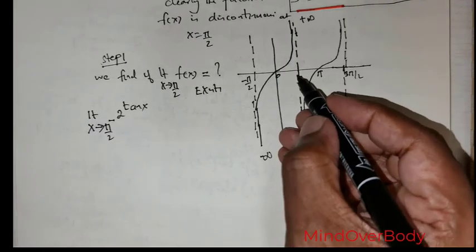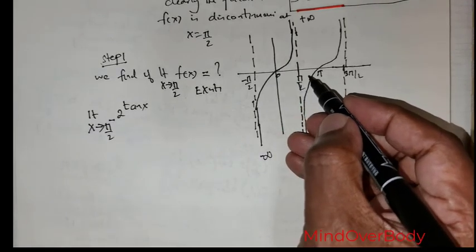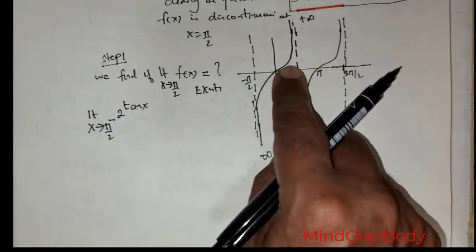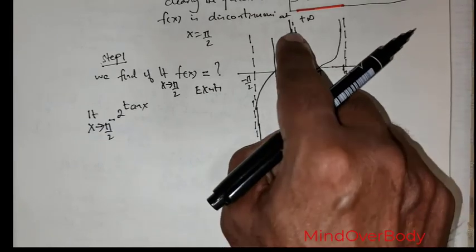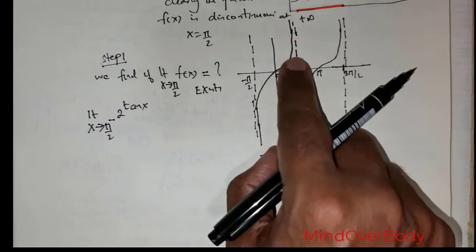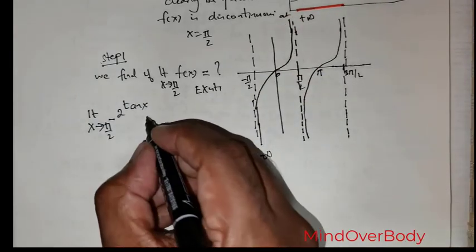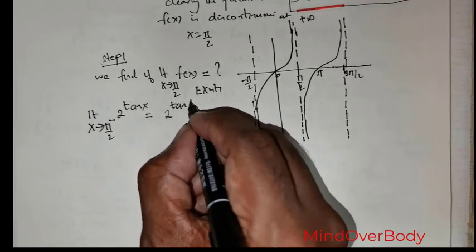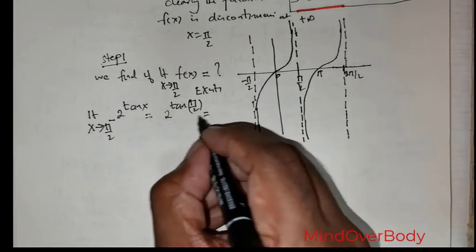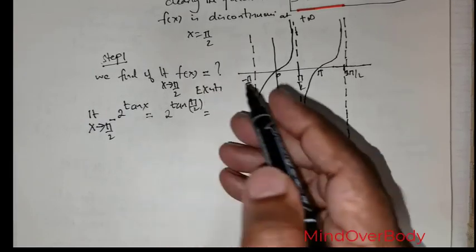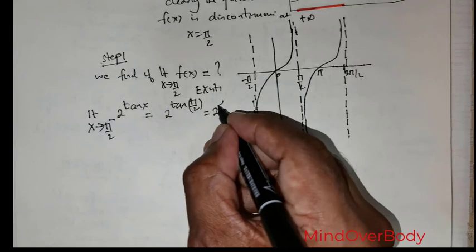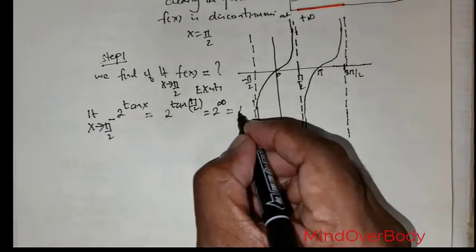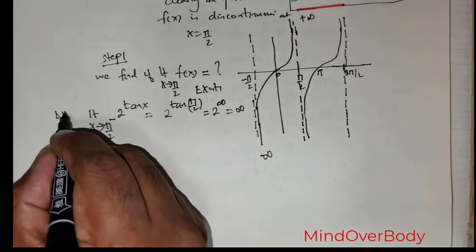As you are moving from the left side, you can clearly see that the function is heading towards infinity. So this is going to be 2 raised to the power of tan of pi over 2, and we already know that tan pi over 2 is infinity. So 2 raised to the power of infinity gives us infinity. This is the left hand limit.